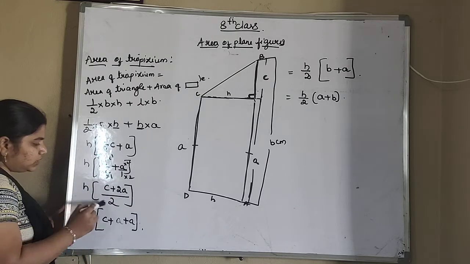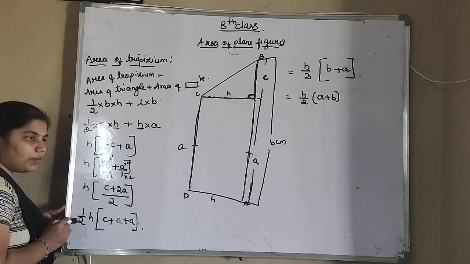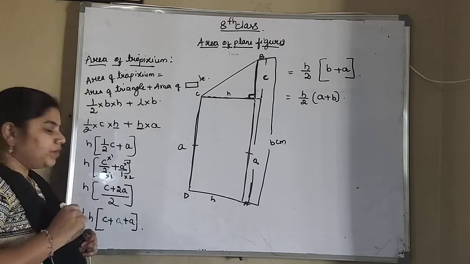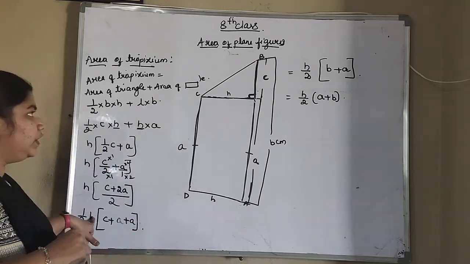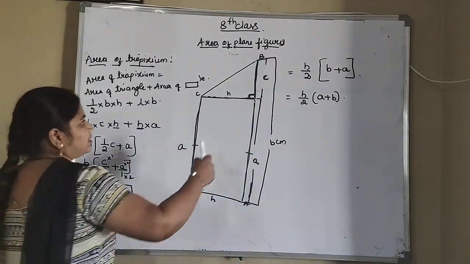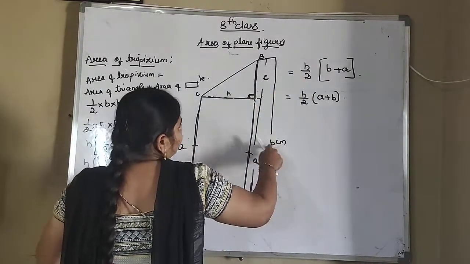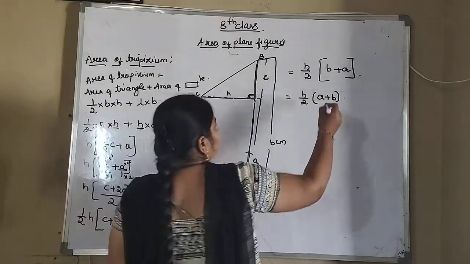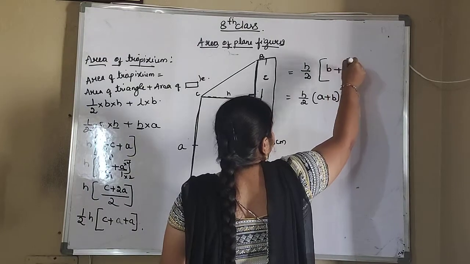Now in this term I am taking 1 by 2 as common, that is 1 by 2 into H. Remaining term I am writing inside. Now 1 into H will be H by 2, and this C plus A we can write in the form of B. So in place of C plus A I am writing B plus A.